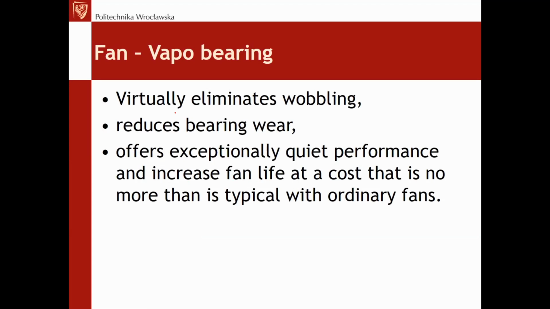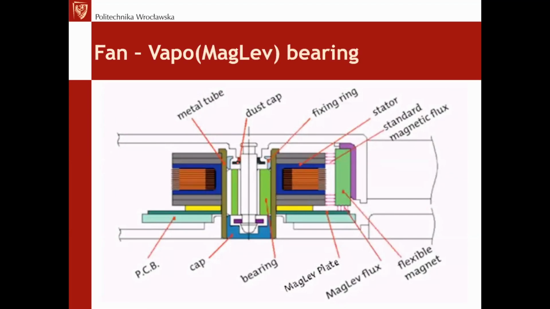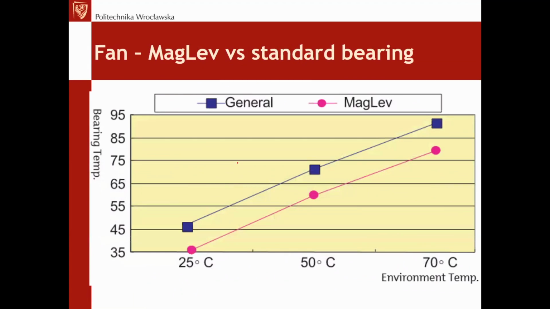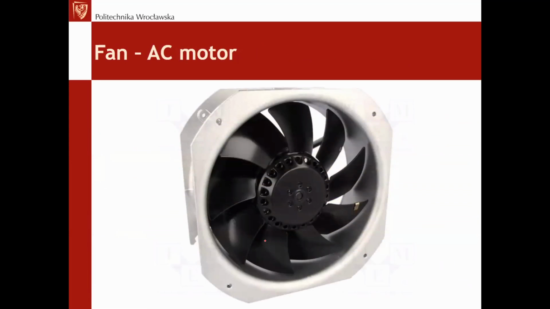The vapor bearing is a special type for reducing wear. It eliminates wobbling and so on, so it's very nice compared to the standard bearing, but the bearings may be less important from a practical point of view.